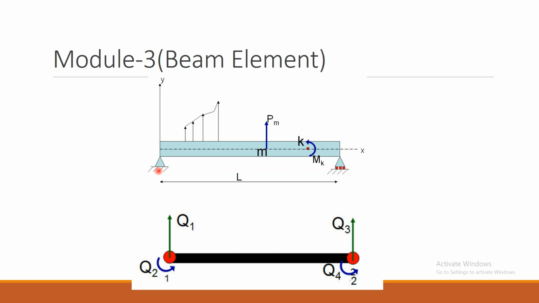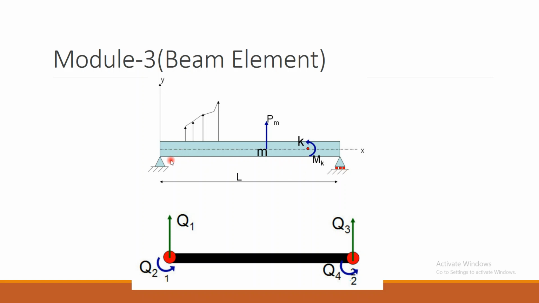Many types of beams have been seen based on the supports adopted. This is a simple example of a simply supported beam where one end is pin supported and the other end has a roller support.